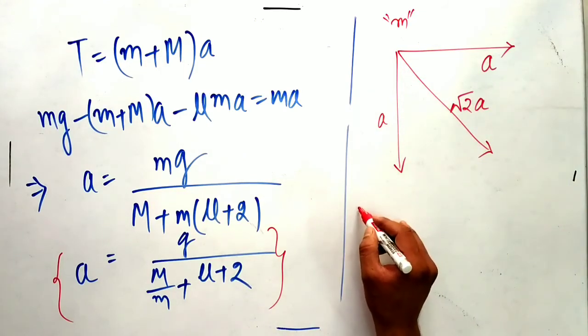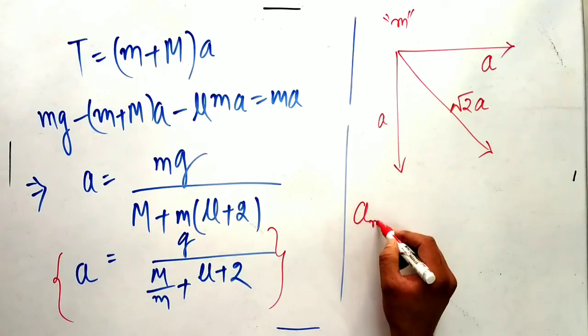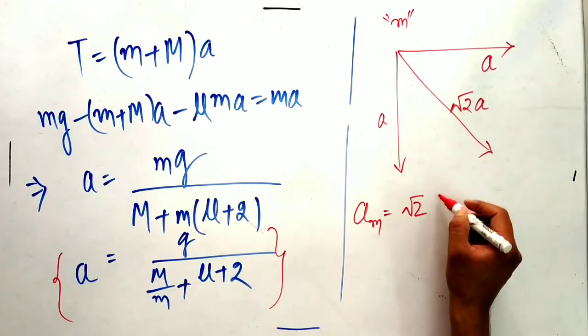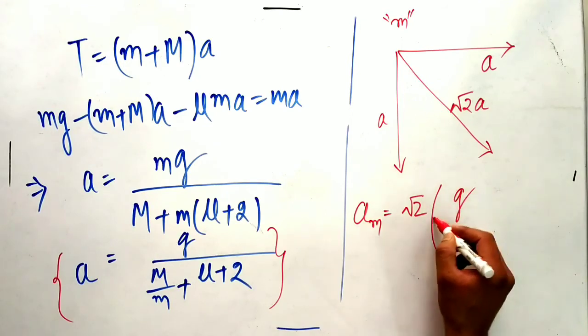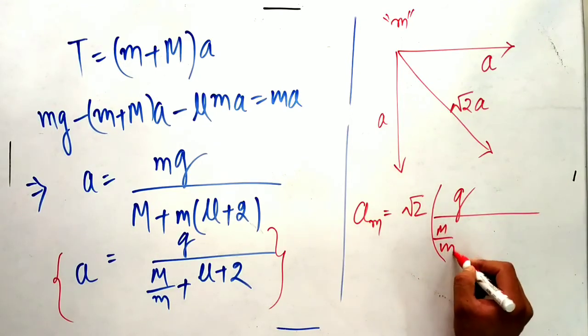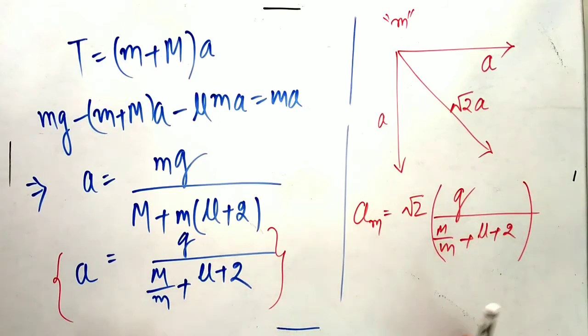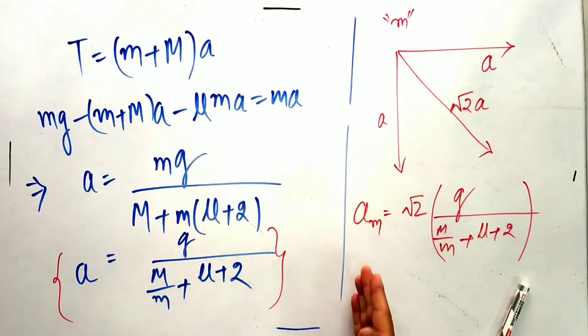So the acceleration that was required, am, will be equal to root 2 times a, which we have already got, root 2 g divided by (M by m plus mu plus 2). So this is it, the acceleration of the small mass m with respect to the floor.